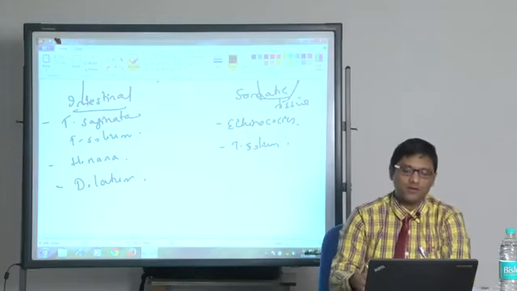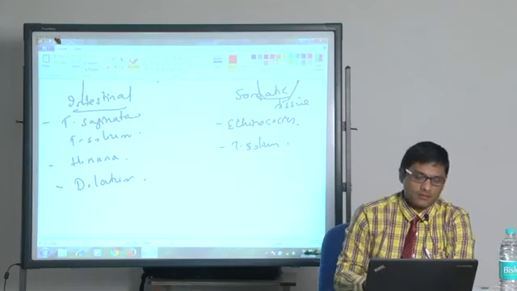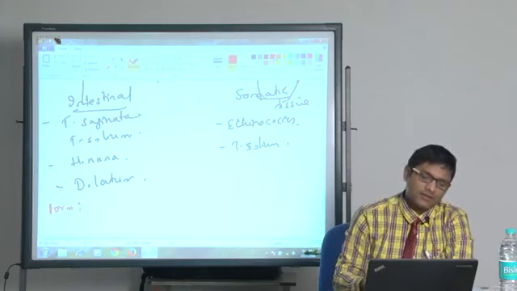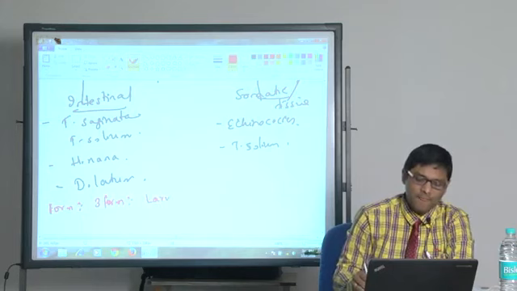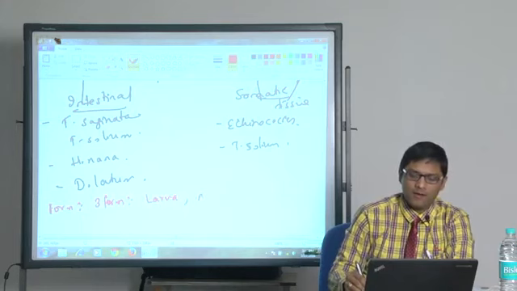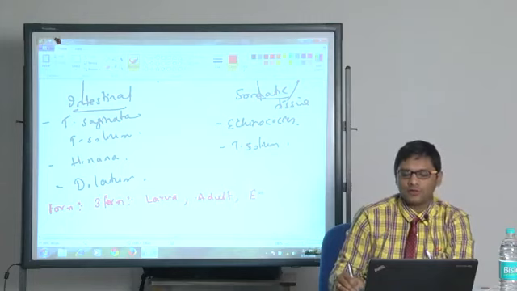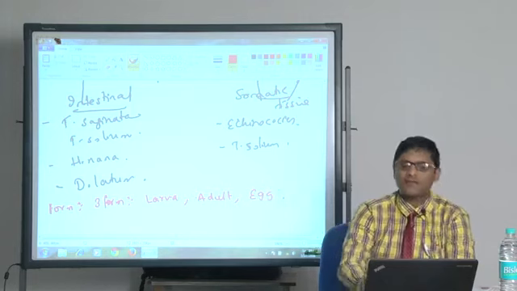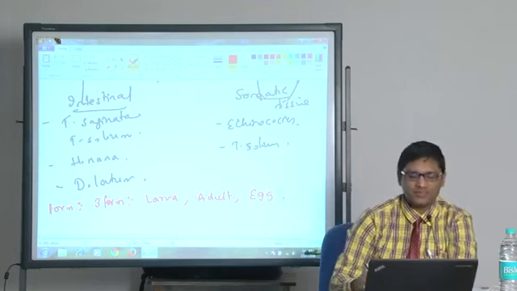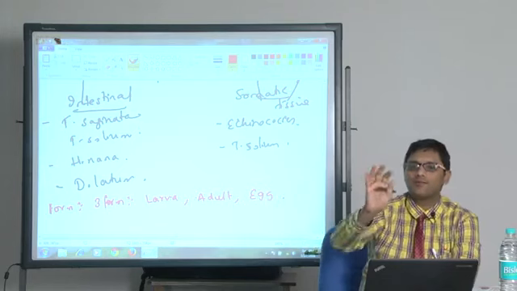Coming to the various morphological forms, they exist in three forms: larva, then larva will become adult, and adult will undergo fertilization to produce egg. The larva of different cestodes have been given different names.